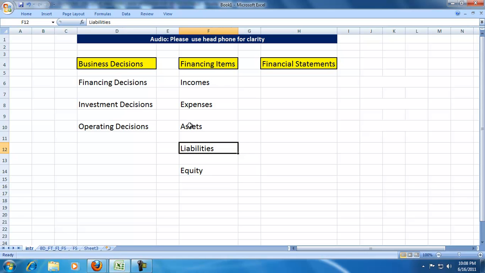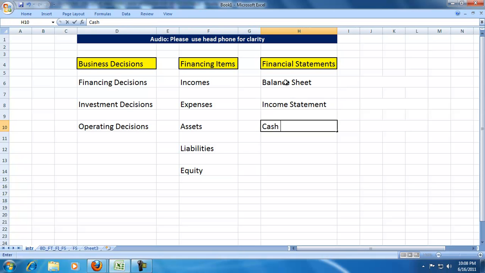And all these financial items will appear in financial statements, that is the balance sheet, income statement, and the cash flow statement.